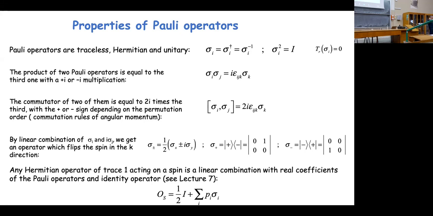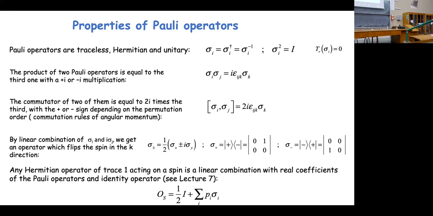Because the other operators have a trace equal to 0, and an observable has a trace equal to 1, because the sum of the diagonal elements gives the total probability to find any value for this observable. So you need it to be equal to 1, and the only way to get 1 is to add 1/2 the identity operator. And then you add a combination of the sigma i.